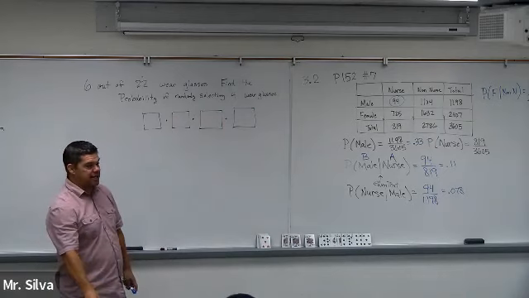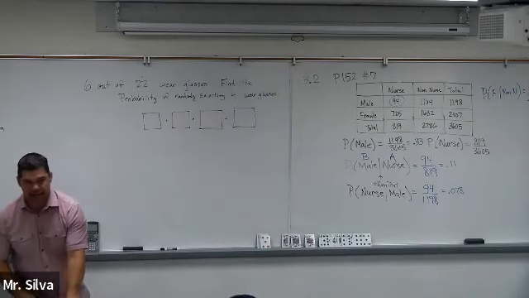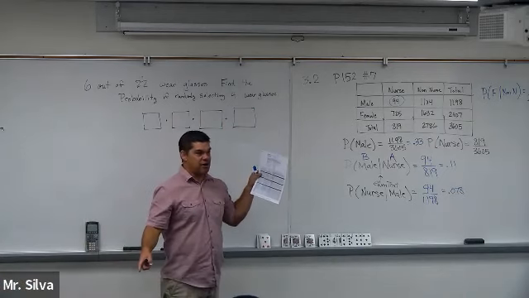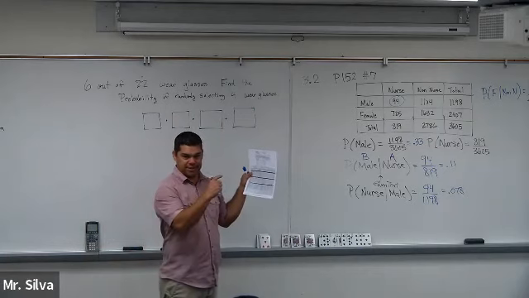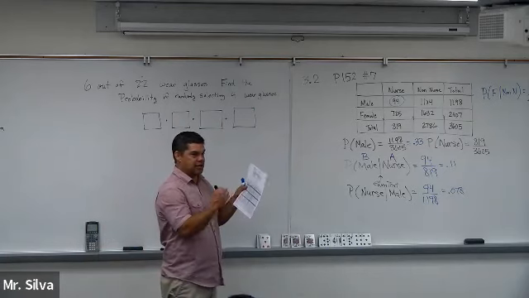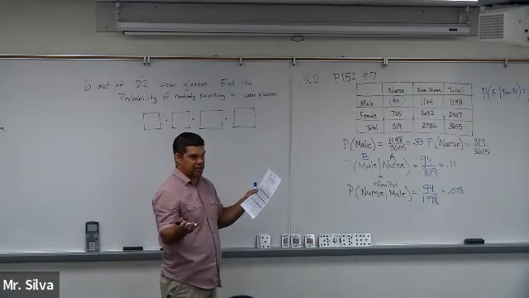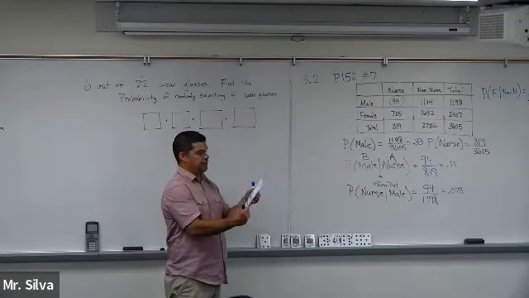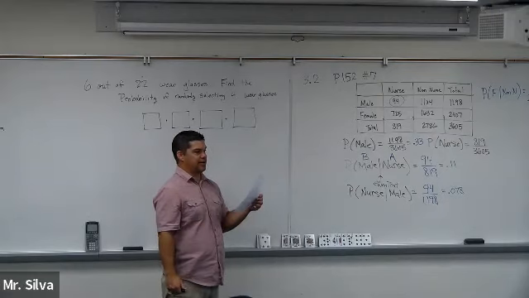So I'm going to randomly select. I have my sheet. Remember how I randomly select people? I can use the calculator, or I can use the table of random digits to randomly select people in this class. Okay, so I randomly select a number. Let's say it's number 7. Okay, you hide it. Is that right?